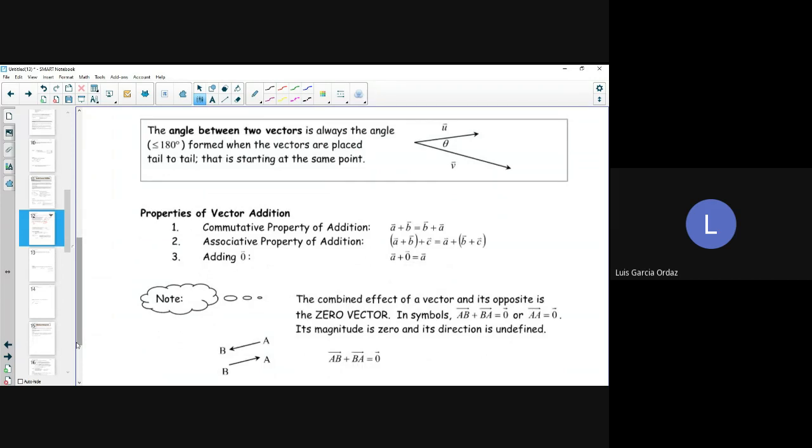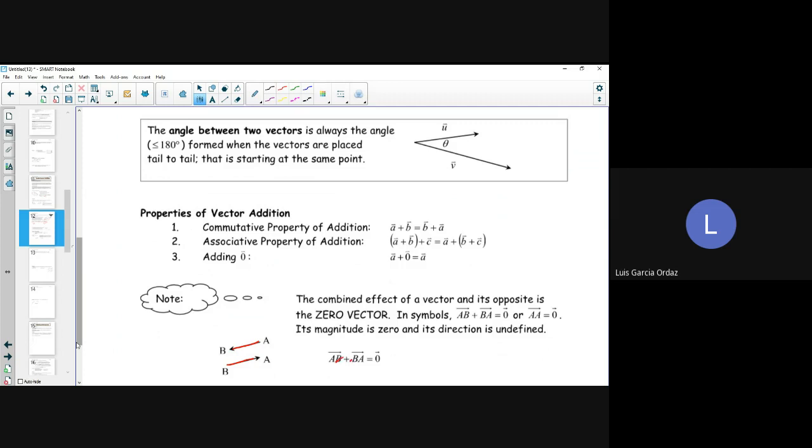So now let's take into consideration the combined effect of a vector and its opposite is the 0 vector. So for example, if we have vector A plus vector BA, so its opposite is going to equal the 0 vector. Or vector A gives me 0, its magnitude is 0, and its direction is undefined. So for example, here we have vector BA, and then we have vector AB plus vector BA.